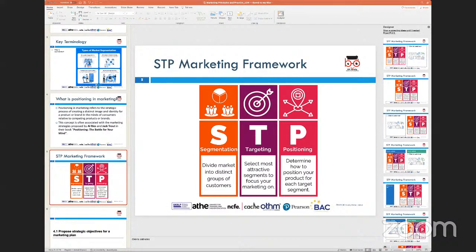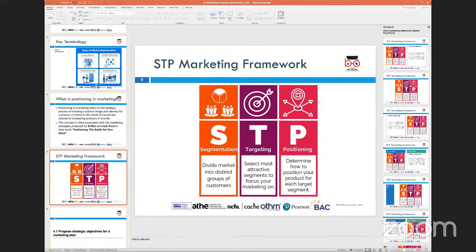So when we look at this concept of positioning, introduced by these two scientists, Al Ries and Jack Trout, they talked about the process, and this led to the creation of many different frameworks or models which are currently used in creating marketing campaigns.